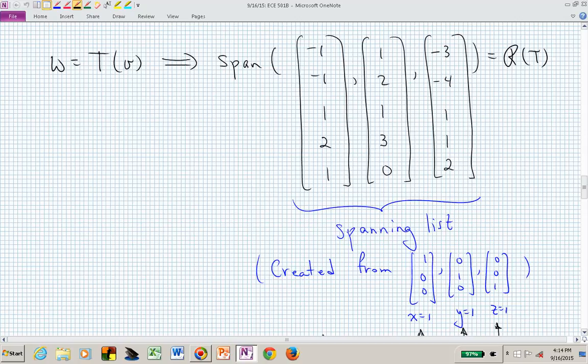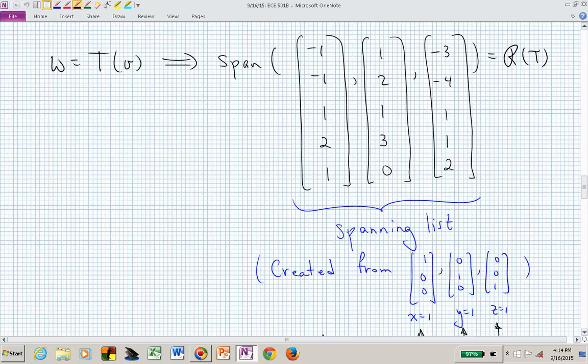All I did to generate this is take a set of linearly independent vectors in R3. Why don't I just make those the standard vectors, 1, 0, 0, 0, 1, 0, and 0, 0, 1, and let those see where those get me in R5.